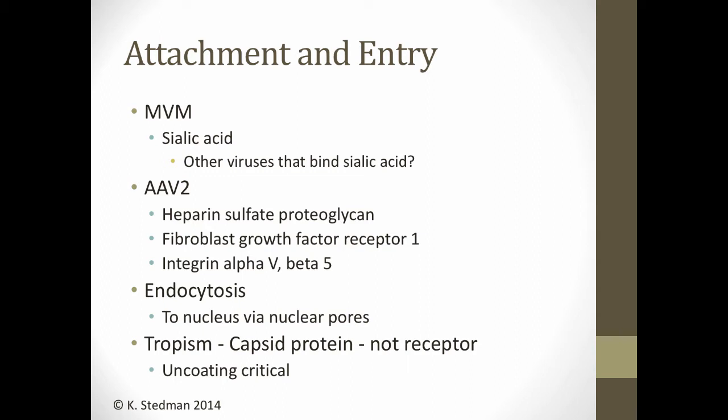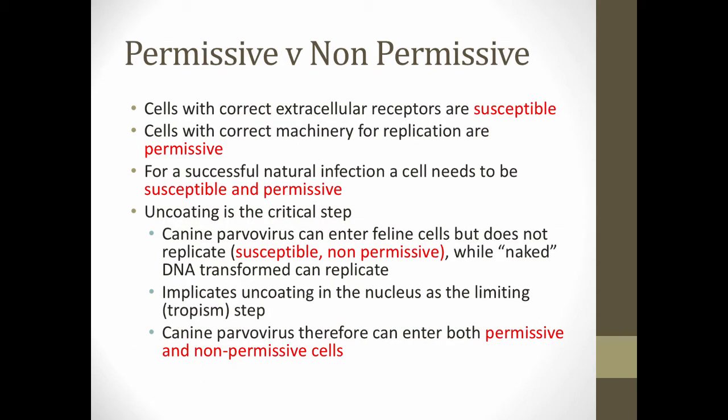These viruses can get inside lots of different cells, but in order to truly infect a cell, they have to get their genome into the nucleus. So uncoating at the nucleus is the critical step, as opposed to getting inside the cell at the beginning.